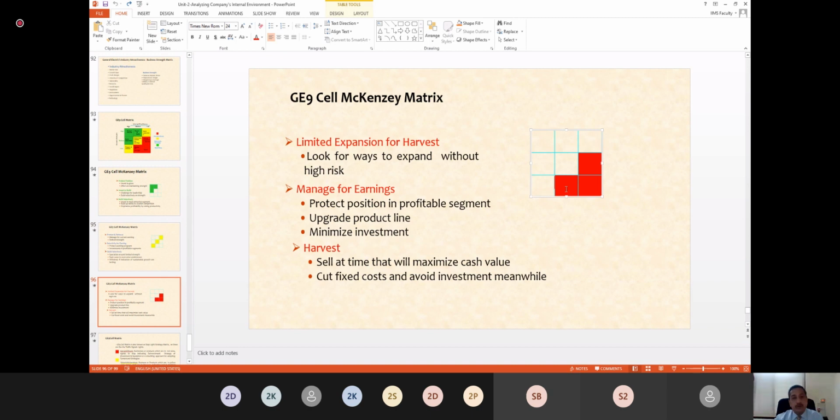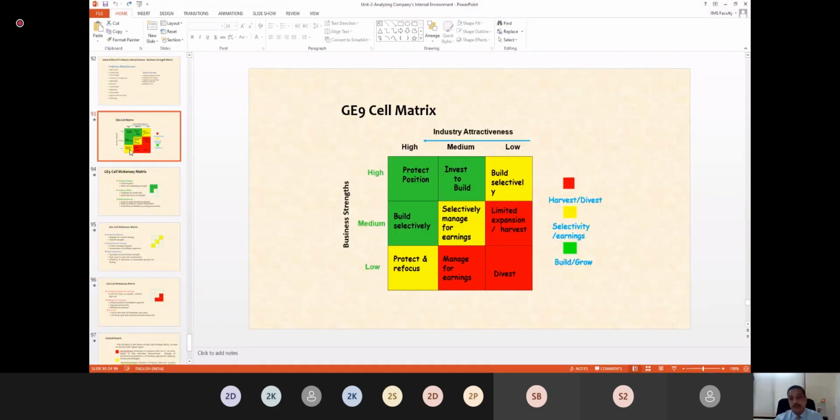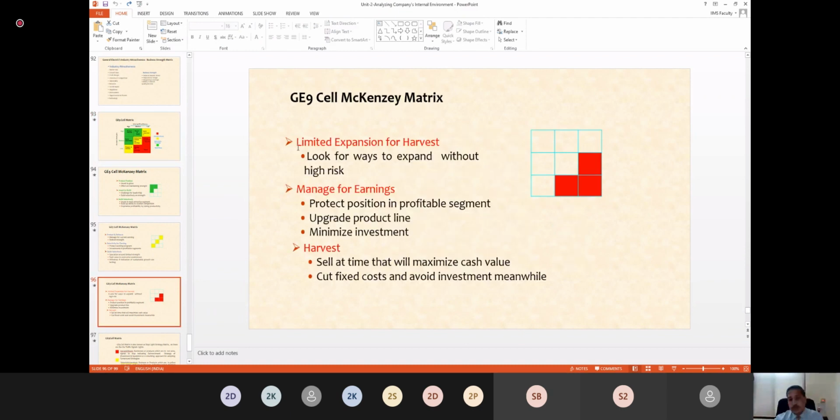There are three other cells which are in the red zone that we have to discuss. Here, limited expansion or harvest.